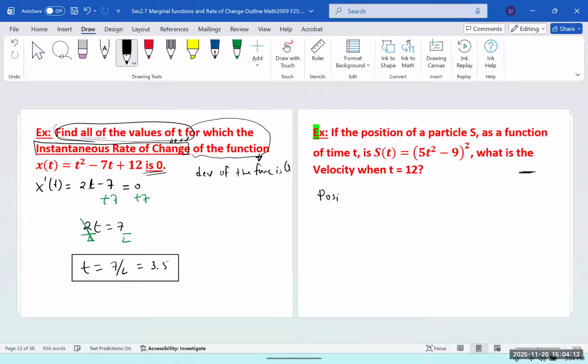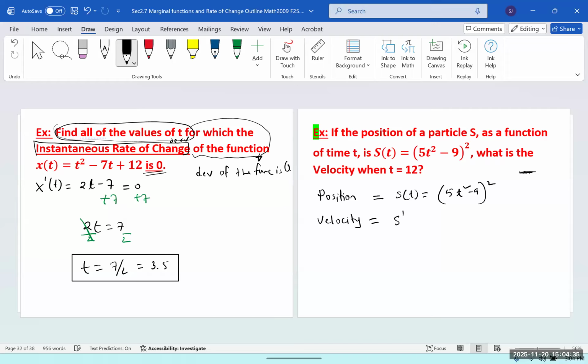So they gave us the position function. But they're asking for velocity. What's the velocity?